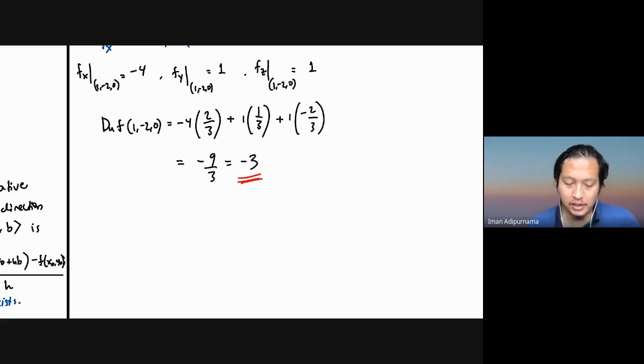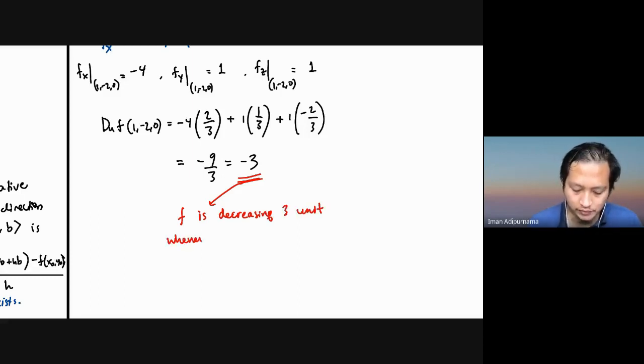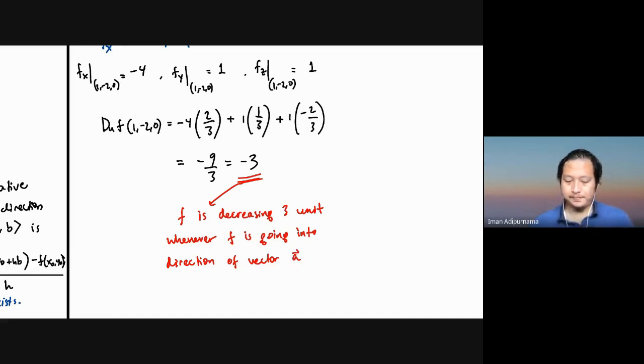What is the meaning of this in graphs, or what does the negative sign mean? The negative sign means the function f is decreasing 3 units whenever f is going in the direction of vector A. That's how we define what the number means.